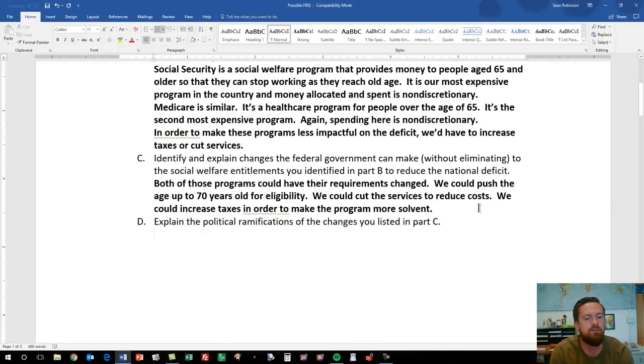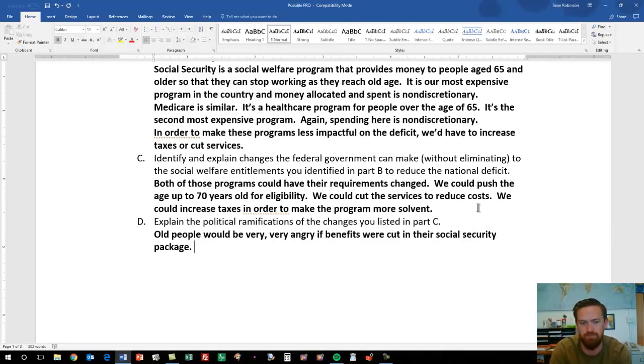Old people would be very, very angry if benefits were cut in their social security package.